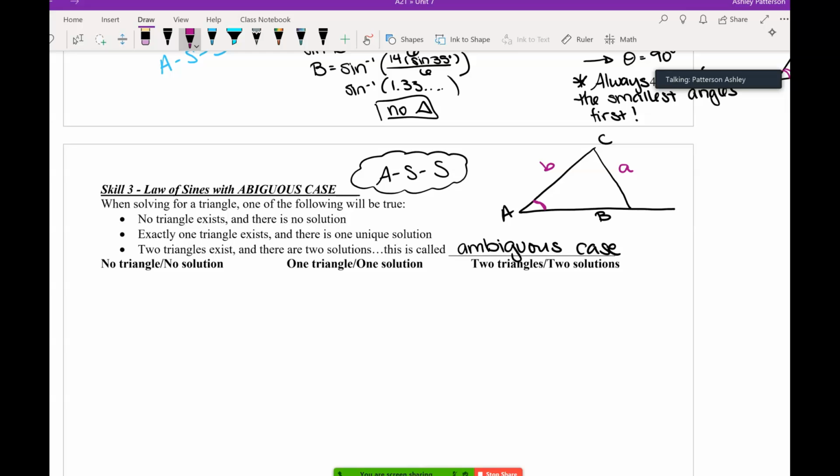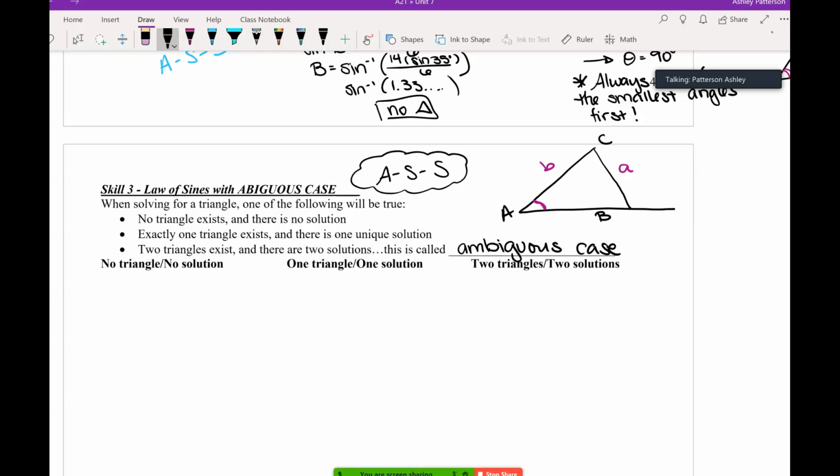Well, this is not a right triangle, right? But I do need to figure out if little a is going to meet the base of my triangle, because I'm only given angle, side, side. So I somehow need to test, will little a meet the base of my triangle?